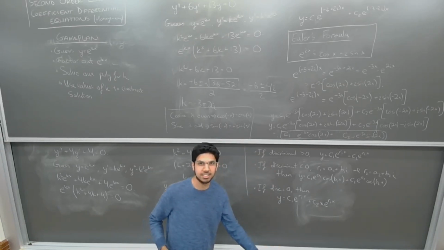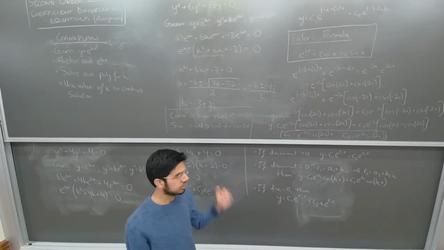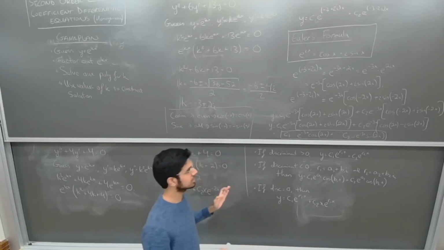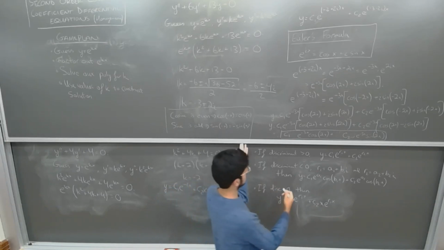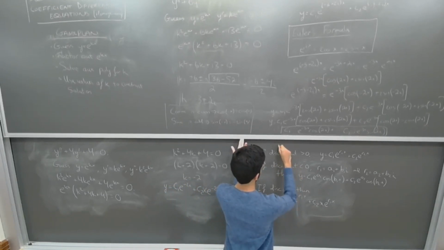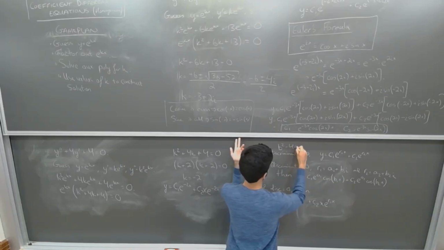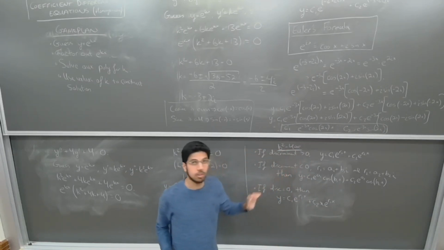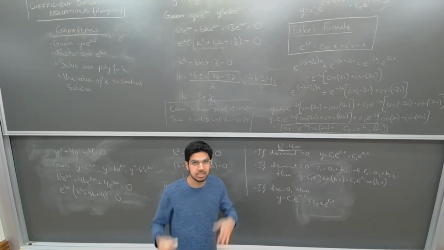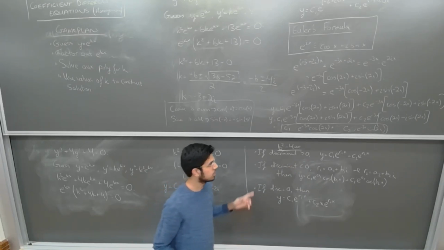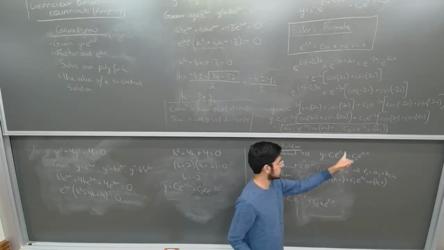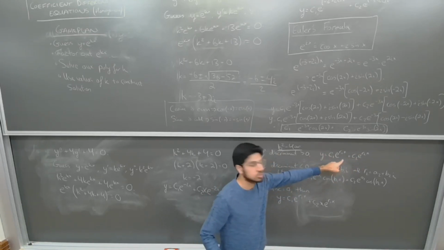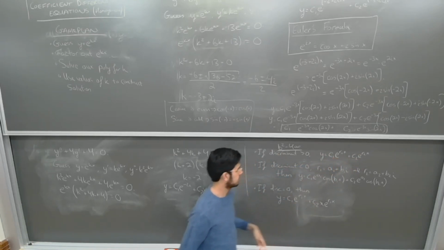These are our findings summarized. What you can do is basically just look at your auxiliary polynomial. And in particular, look at the discriminant, which is b squared minus 4ac. If the discriminant is greater than 0, that means you're going to have two distinct real value solutions, which means if your roots are r1 and r2, this is going to be your solution for the differential equation.